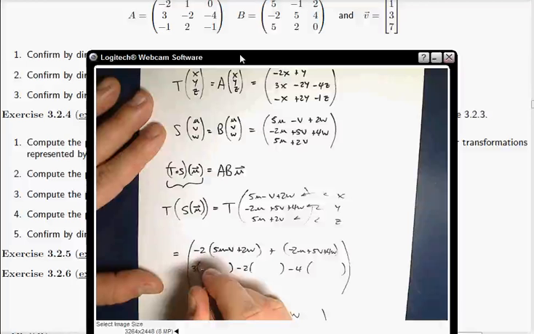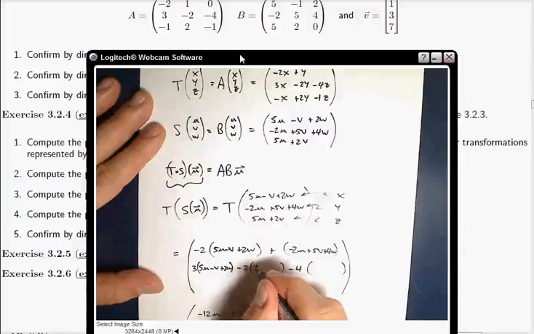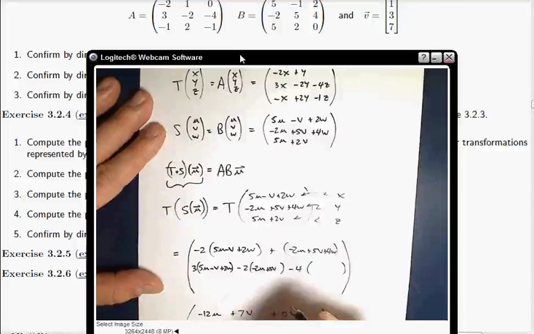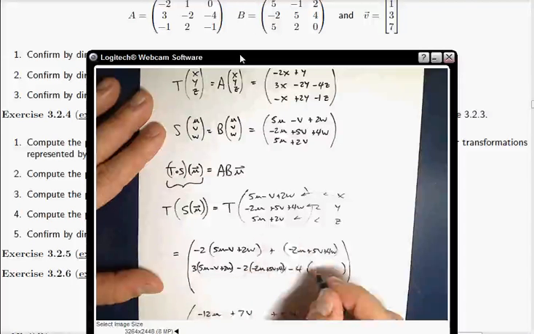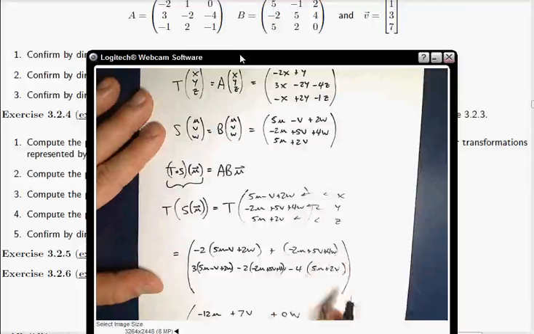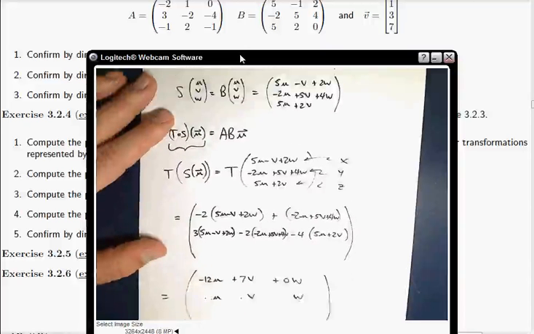Okay, so X is 5U minus V plus 2W, Y here is negative 2U plus 5V plus 4W, Z here is 5U plus 2V. You've got to multiply that all out and collect terms, and that'll give you something U, something V, and something W. I'll let you work out the rest of those details as to what those numbers are.